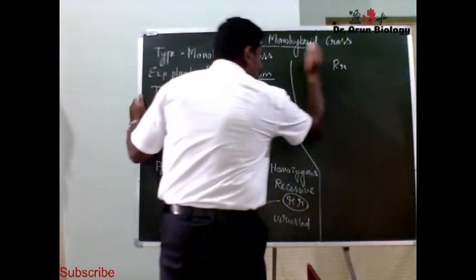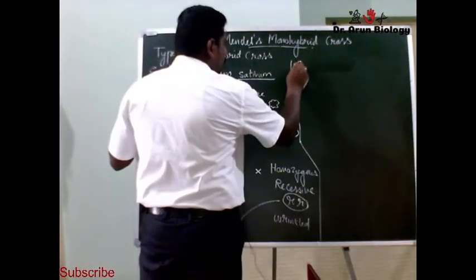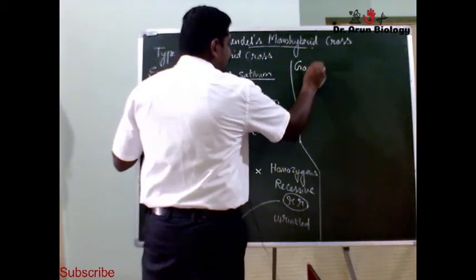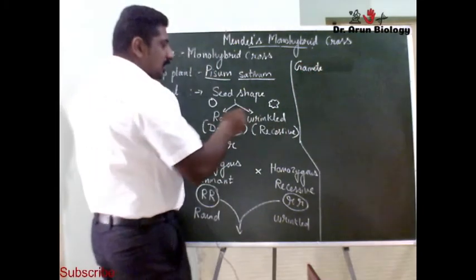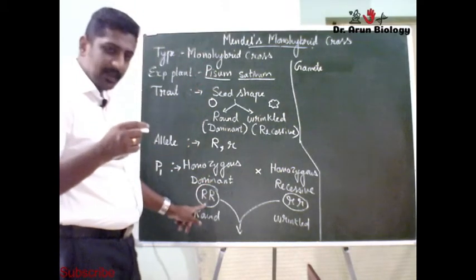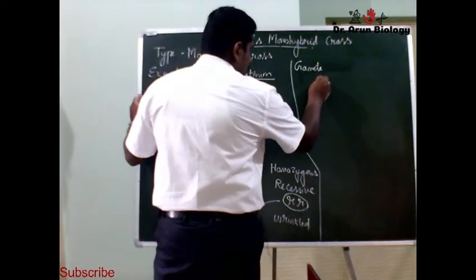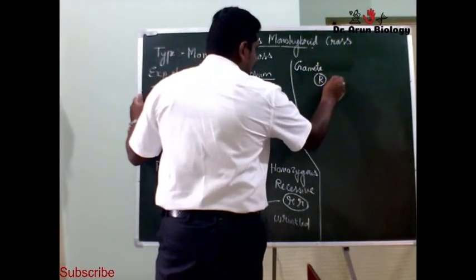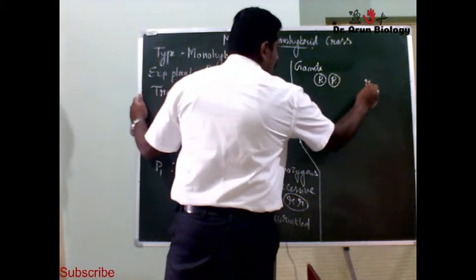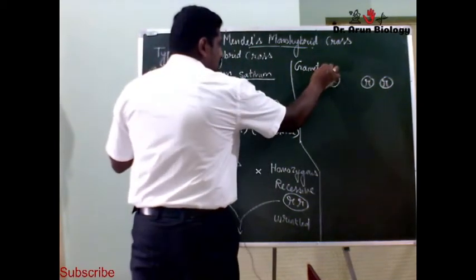How, sir? To understand this, we have to go for the gametic form. When we go for the gametic forms, the gametes, as per the second law of genetics, the law of segregation, segregate independently at the time of gamete formation. So capital R, small r and small r. This is the gamete form, which is always haploid.